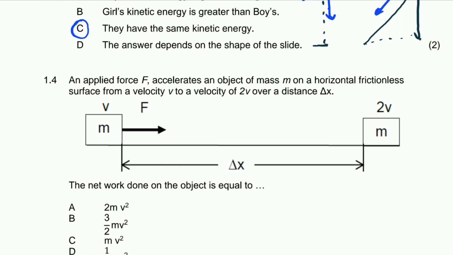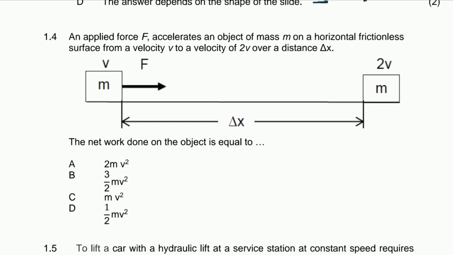Question 1.4. An applied force F accelerates an object of mass m on a horizontal frictionless surface from a velocity v to a velocity of 2v over a distance delta x. The net work done on the object is equal to, and they give you 4 different options there. For this question, we are going to apply the work-energy theorem.